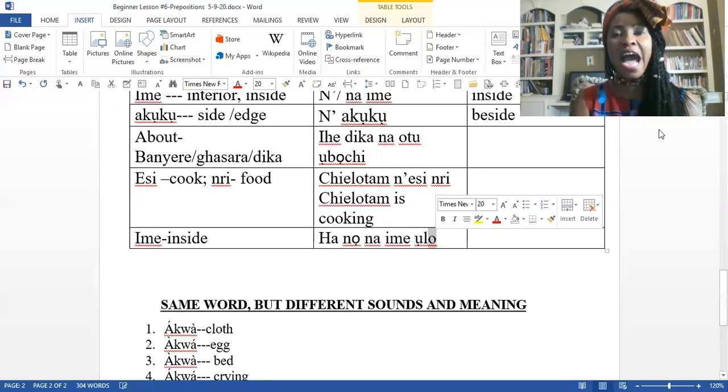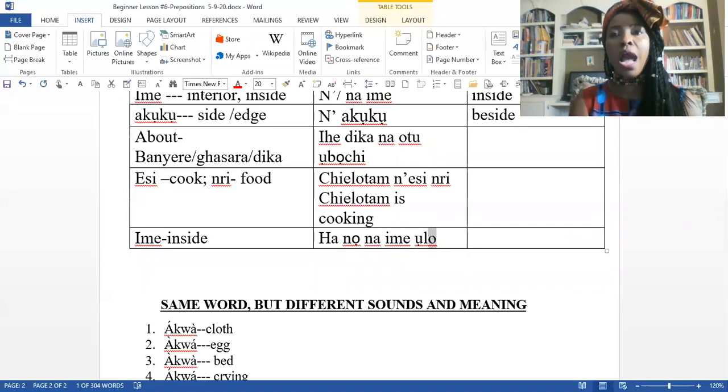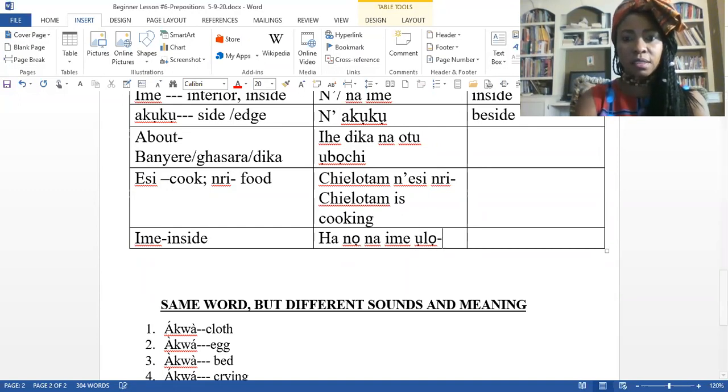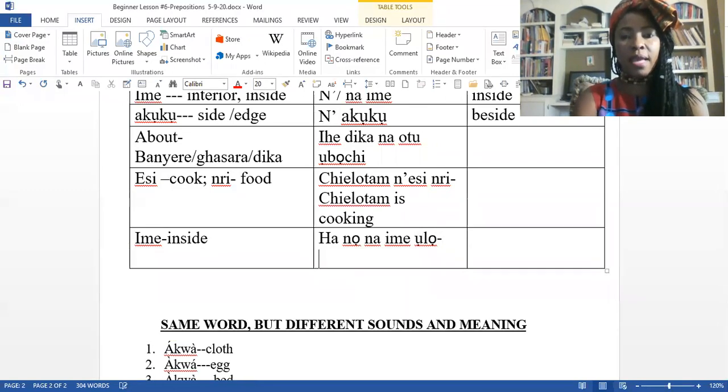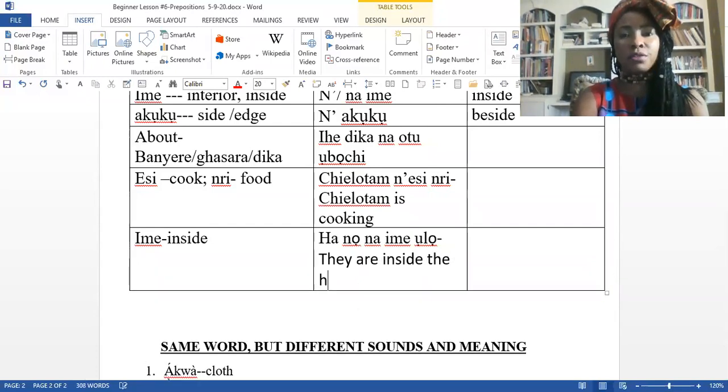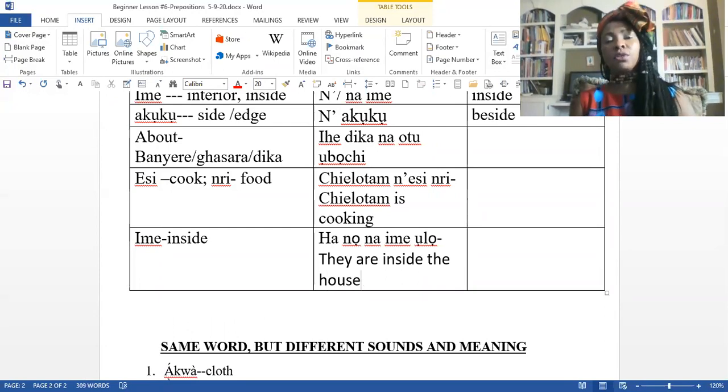Ụlọ means house. Ime, inside. Ha means there. Now let's write it in English. They are inside the house. So that is a good thing to say.